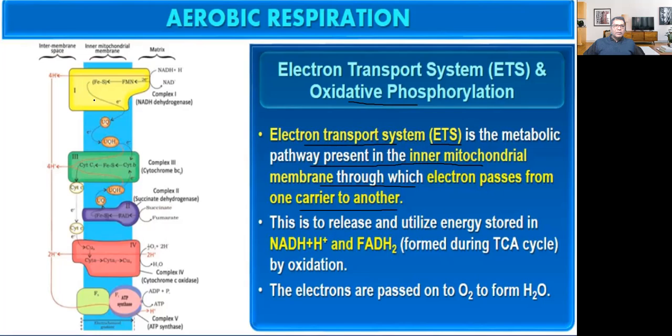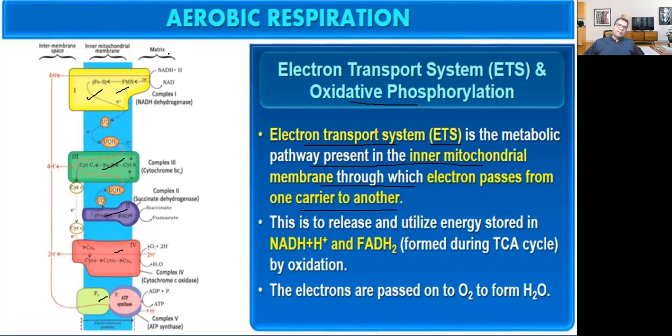There is complex one, NADH dehydrogenase, one carrier, second carrier, third carrier, fourth carrier, and ultimately a fifth carrier. These are the components of the electron transport system.